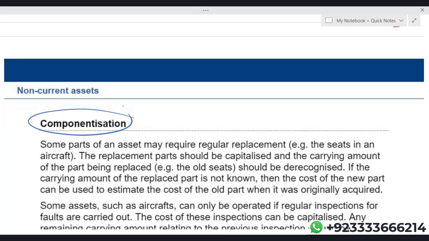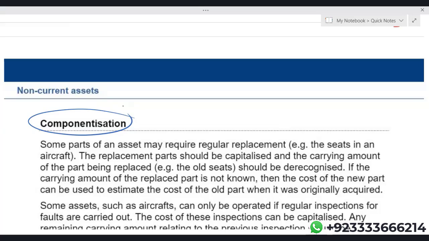For example, an aeroplane: the interior cabin fittings will have a different life, the exterior structure will have a different life, and the seats will have different lives. If you come across such an asset, which is a combination of multiple components each with a different useful life, you have to depreciate each component separately according to its useful life.